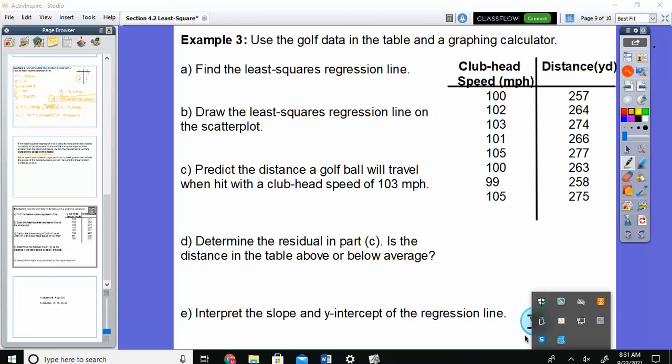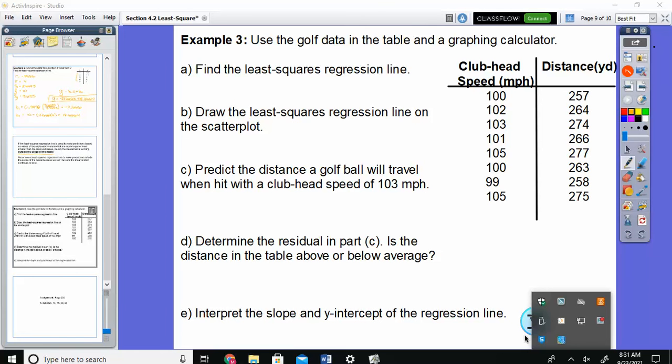That'll kind of change things if you have stuff entered in there. You had it, so hit zoom 9. Okay. So this does appear to be linear.